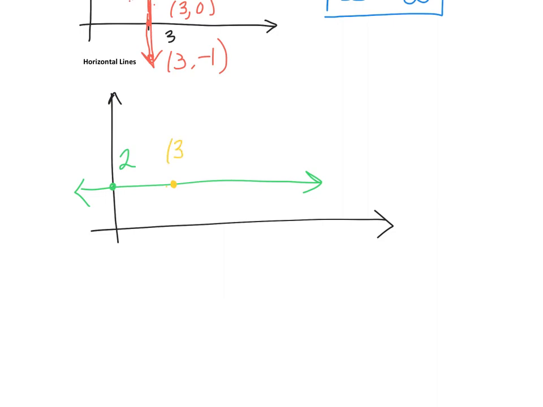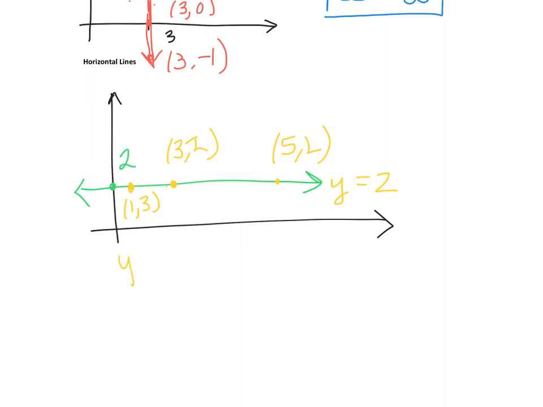Maybe that's like x equals 3, but y is still 2. Right here, this looks like maybe x is equal to 1 now, but the height is still the same. The height is still the same. It doesn't change. So in this case, this equation of the line, y is always going to be equal to 2.